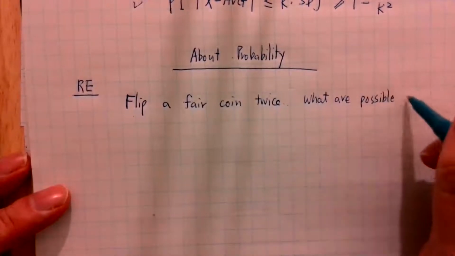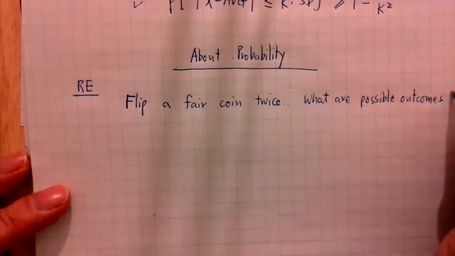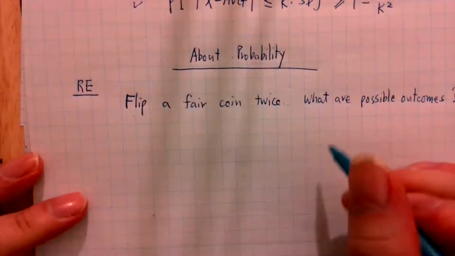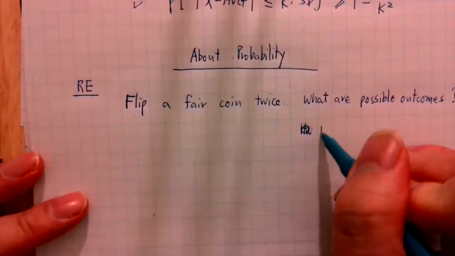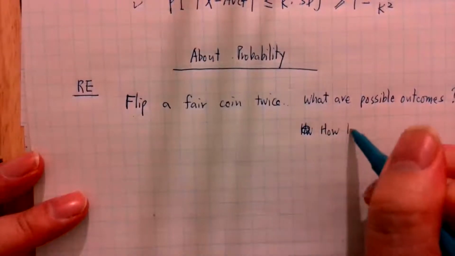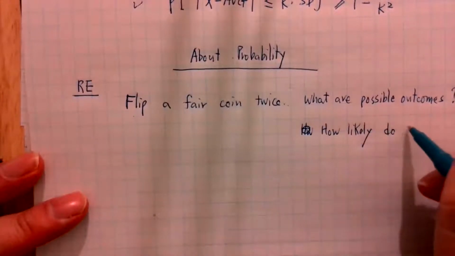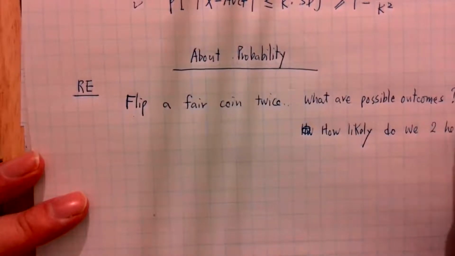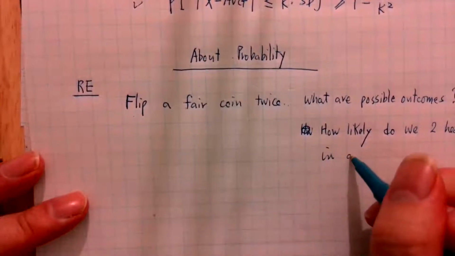What are the possible outcomes, and how likely do we see two heads in a row?